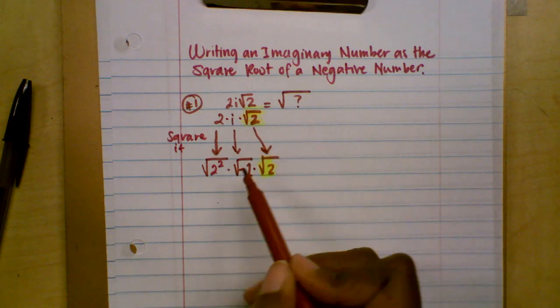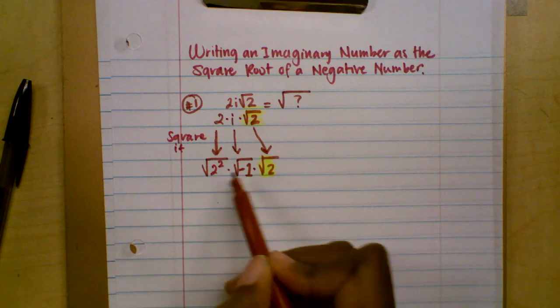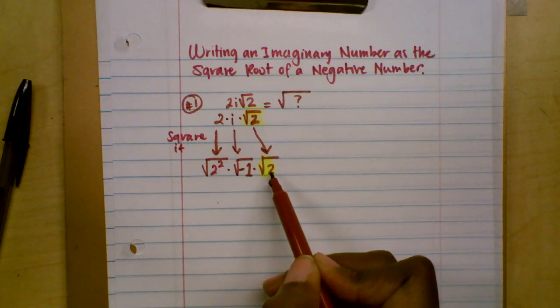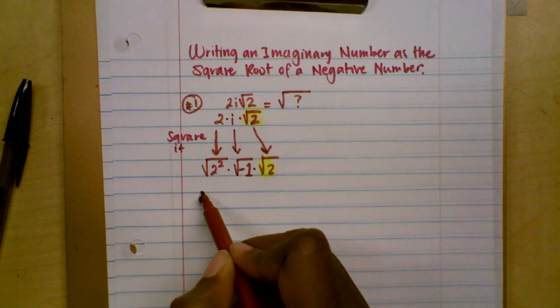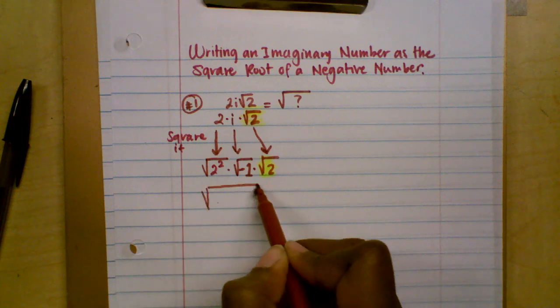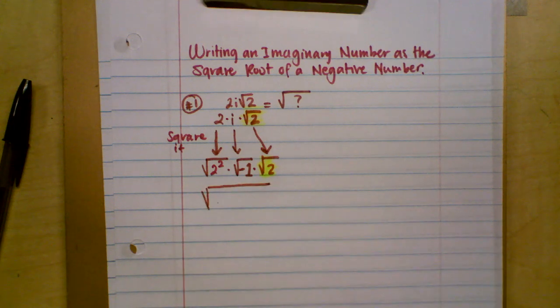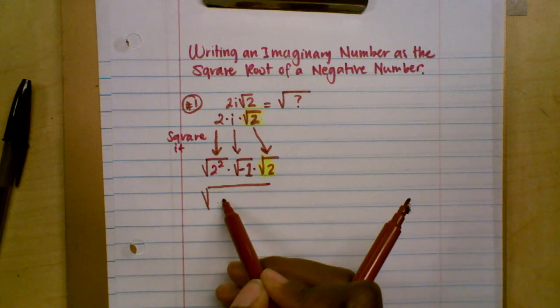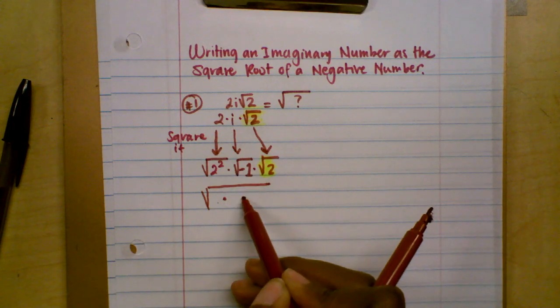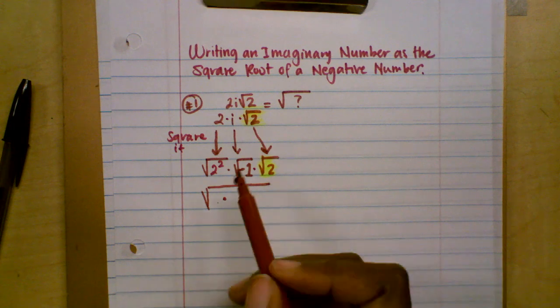Now we have three different square roots. I'm going to write everything as a single square root. Why can I do this? Because you are using the operation of multiplication. We cannot do that with addition or subtraction.